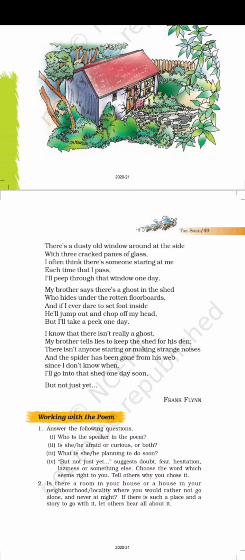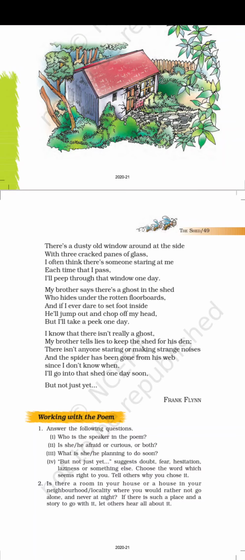And if I ever dare to set foot inside, he will jump out and chop off my head. His brother says that if the poet ever dares to go inside, that ghost will jump out and cut off the poet's head.